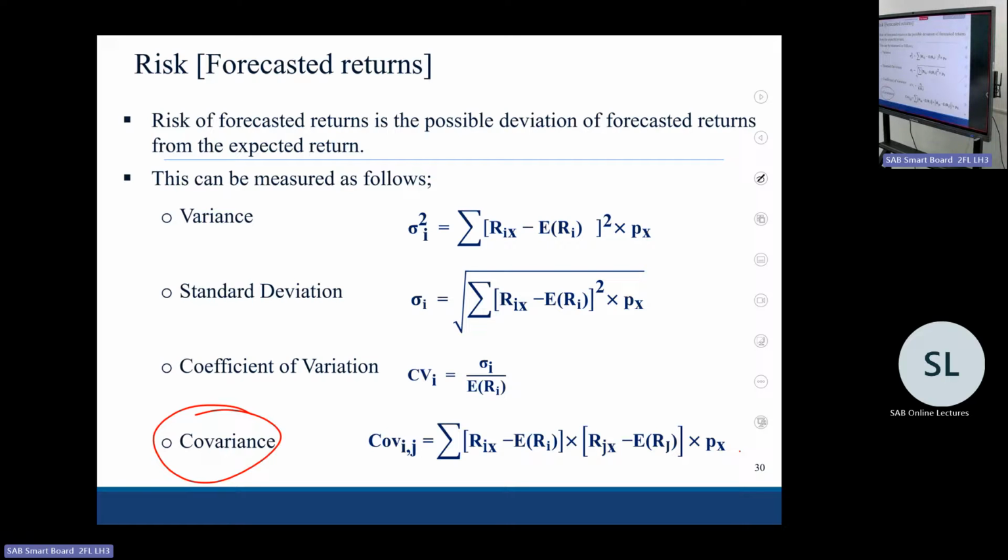How does Y behave? So that you can measure using covariance. So you can measure the movements of the two stocks. So what is the formula?